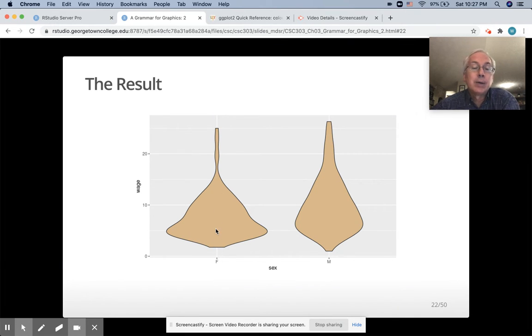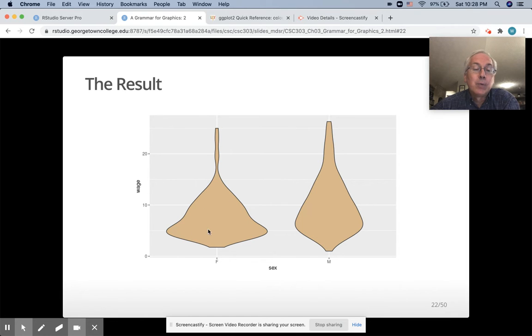So we've got the female violin plot here, the male violin plot here, and we can see that the male values are wider for the most part in lots of places than the female plot, and so that's a signifier probably that there are more men in this data set making higher wages than there are women.